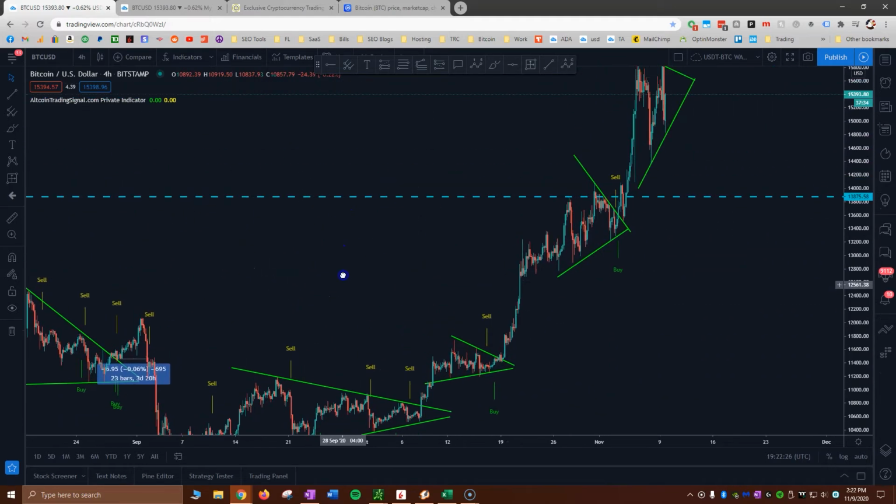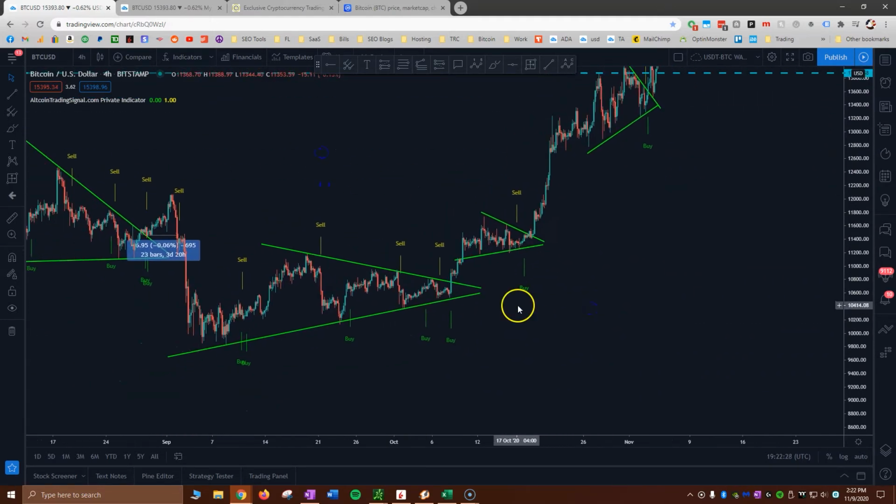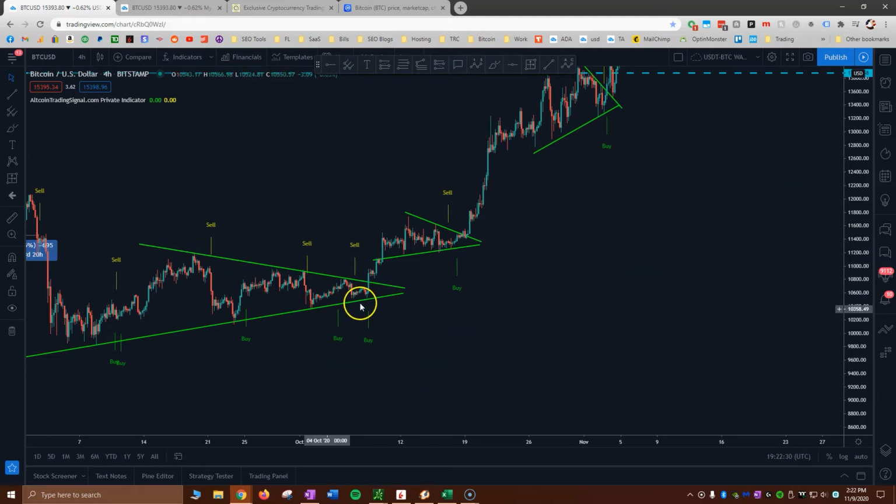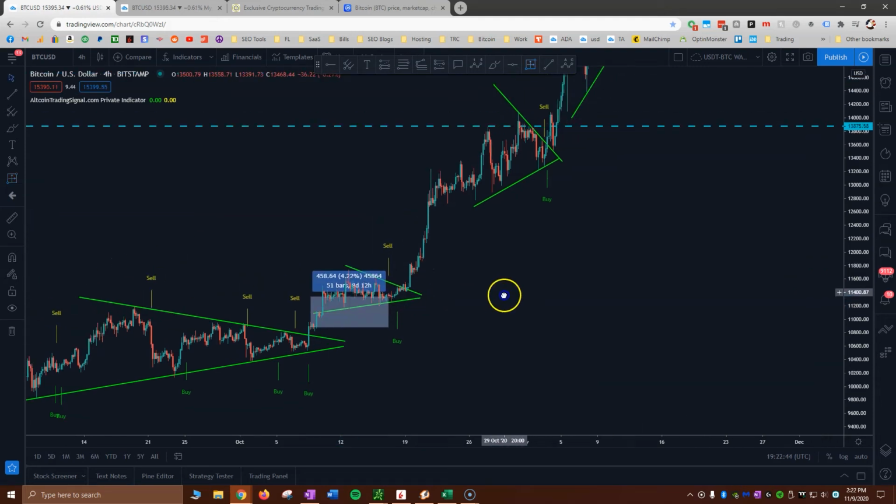But we just move a little bit closer to where we're at now. We drew the trend line triangle. We saw the break. We got the buy signal, so that's the indication to buy. Got the sell signal here, so that's a 4.5% profit.